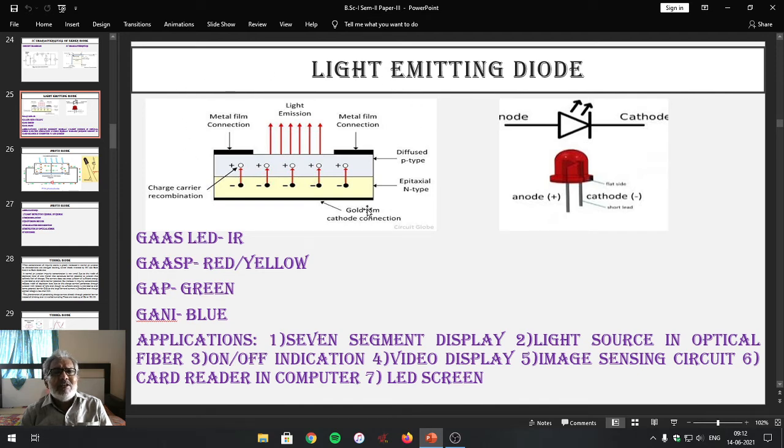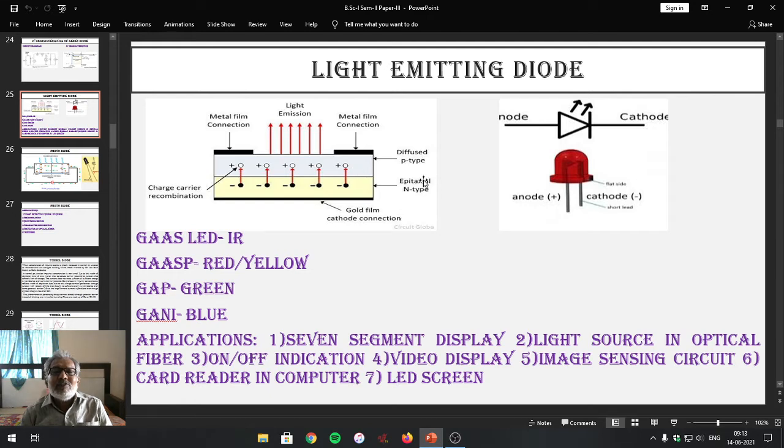Like an ordinary diode, this diode also contains P type of semiconductor as well as N type of semiconductor. Friends, we are well aware that P type of semiconductor has majority charge carrier holes along with immobile ions with positive charges and minority charge carriers as electrons, which we already studied.